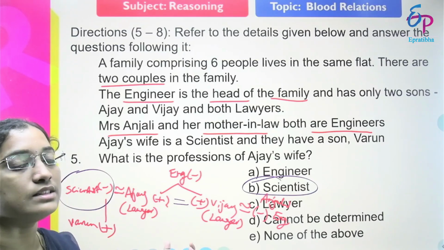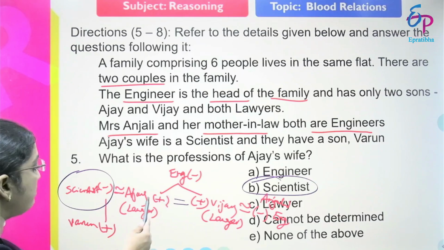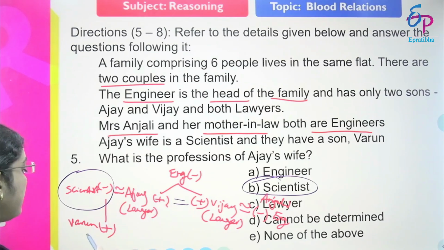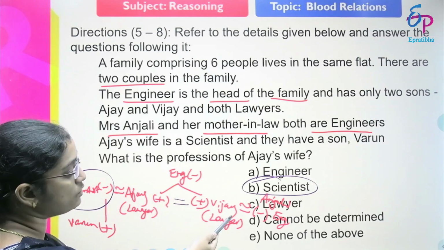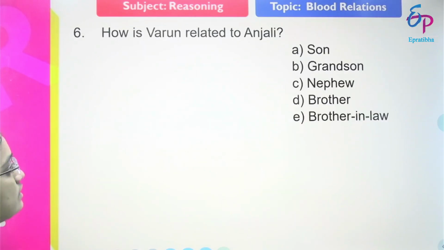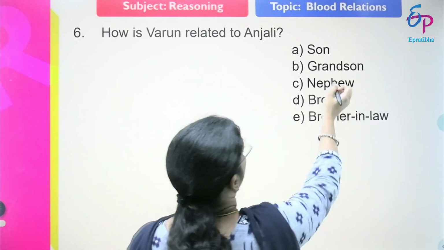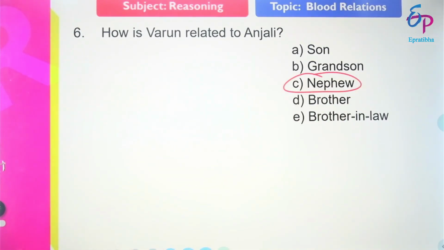Because a brother or sister's son is a nephew, right. Vijay's brother's son is a nephew for Vijay. So Varun is a nephew for Vijay, which means definitely a nephew for Anjali also. Then our answer is nephew, friends. Then move to next question.